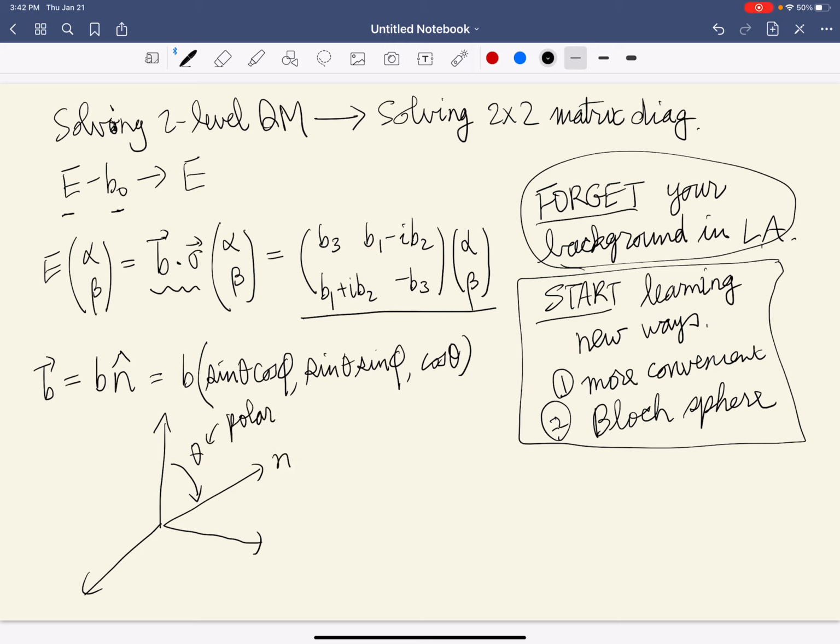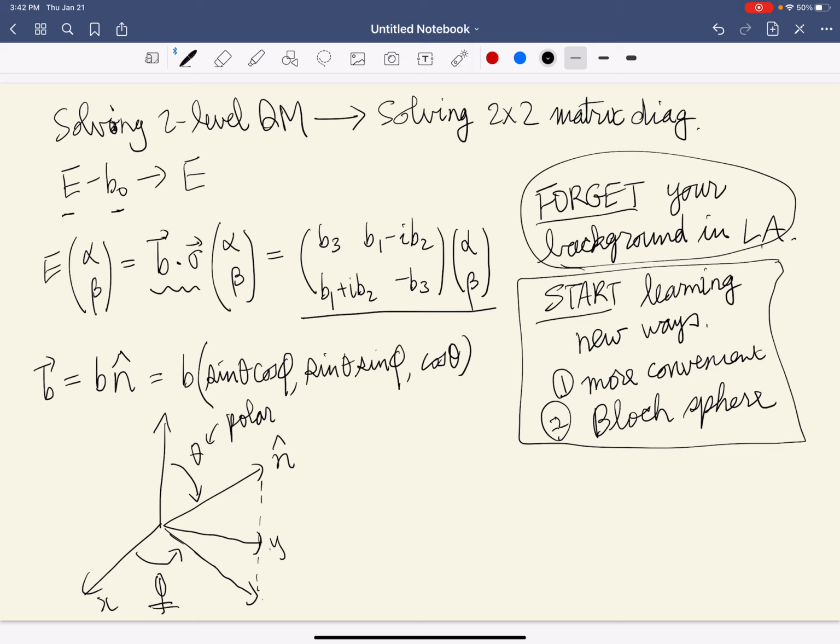And so this is my unit vector. And if I take the projection of the unit vector into the xy plane, then the angle that you measure from the x-axis toward that projection is the azimuthal angle, phi.